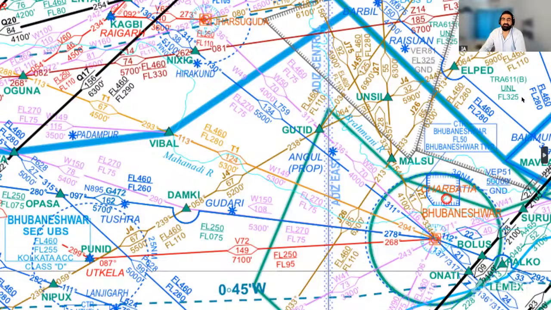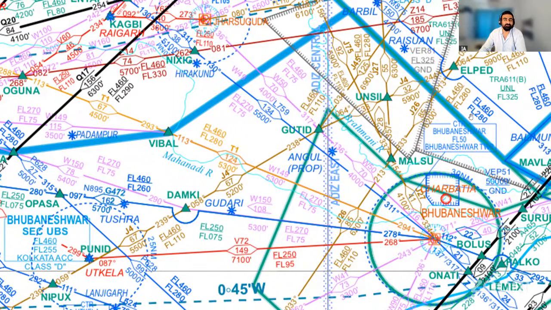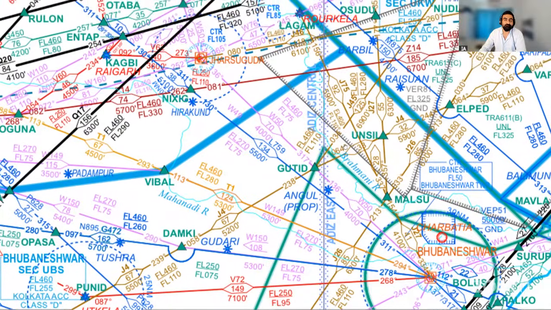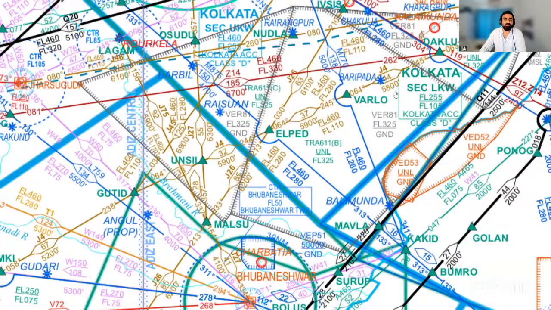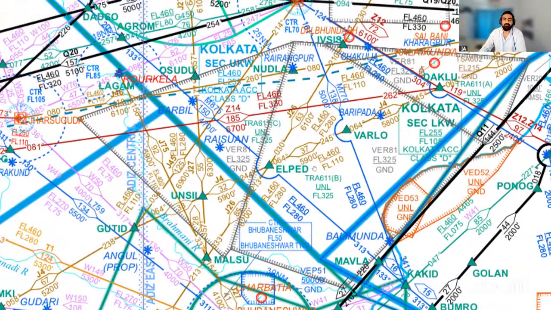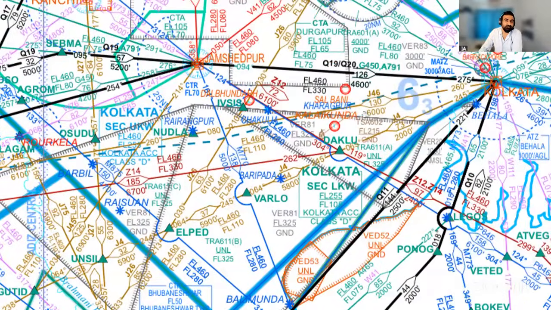You see something interesting: TRA 611 Bravo, flight level 3 to 5 to unlimited. This is something for super high level. It's very high. So what is it doing here? Okay, Kolkata.